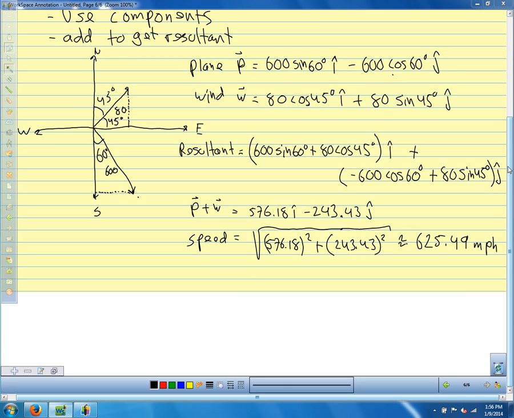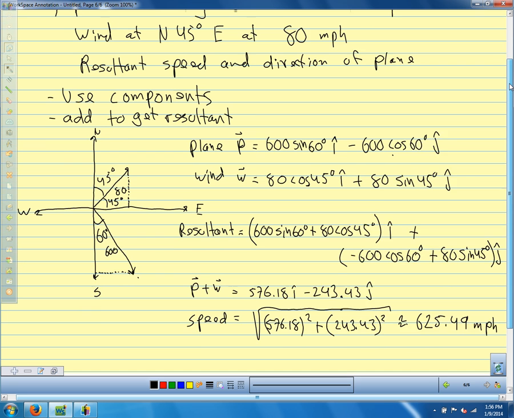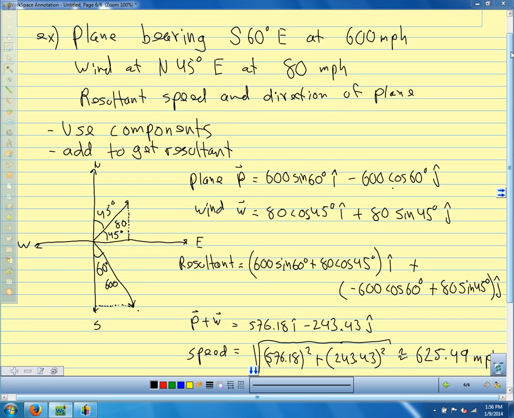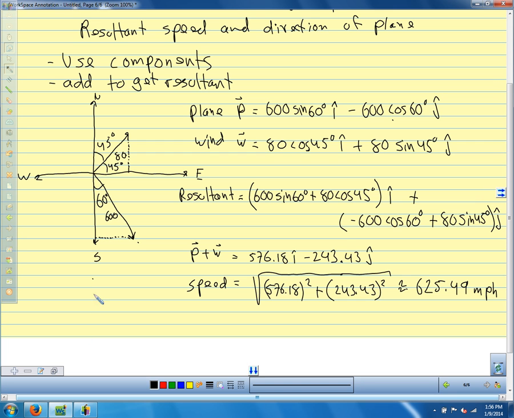All right, so we're almost done. The problem asks us to find the resultant speed and direction. So let's draw another picture here. Here is our resultant vector. So our resultant speed is something like this. And this side of our triangle is 576.18, and that side is 243.43. We can find theta here, right?